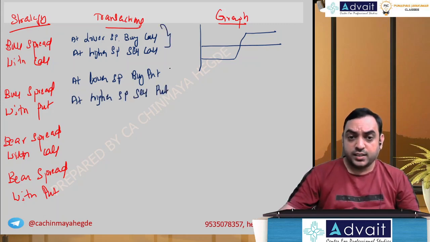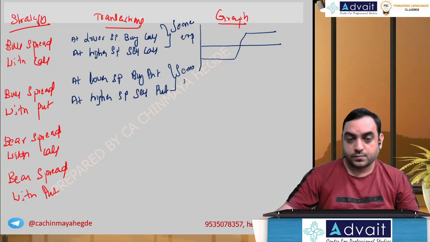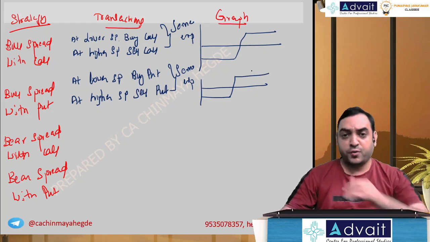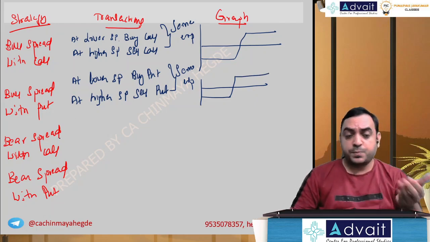Forgot to tell, this is again the same expiry. This graph will also look similar. You will have a limited loss if the price is down, limited profit when the price is up.